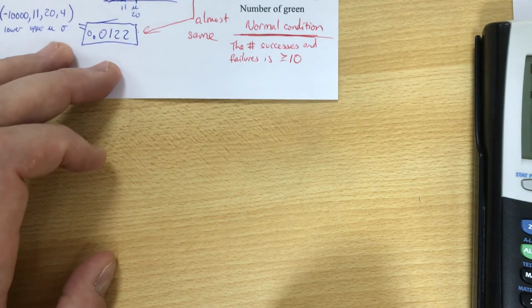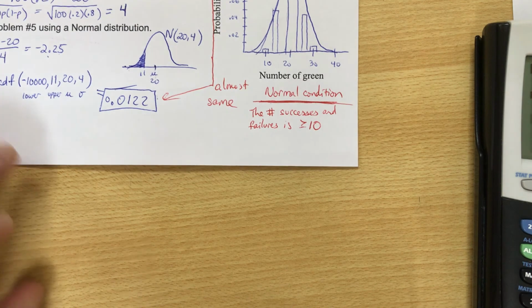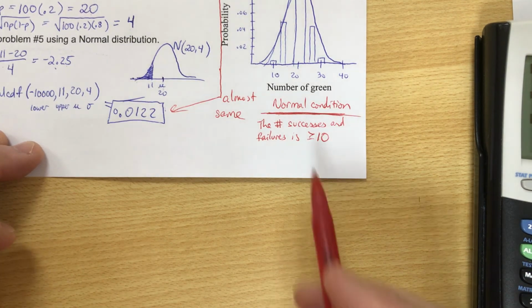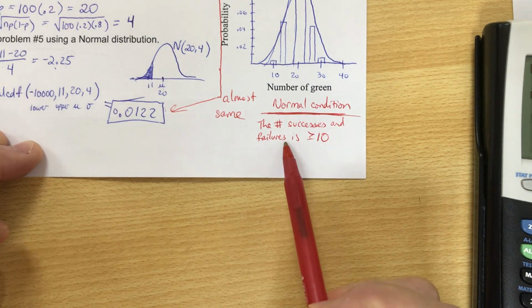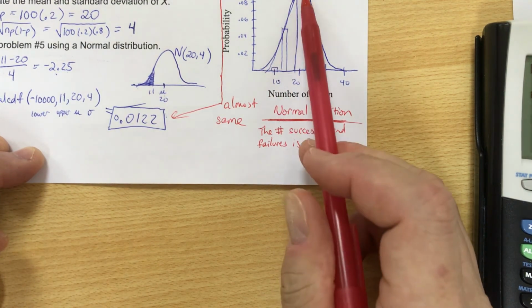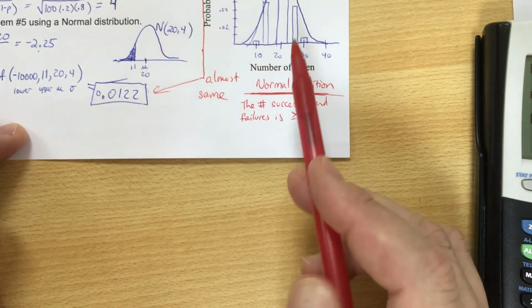The number of successes and failures have to be greater than or equal to 10. In other words, we have to do this enough times that we're going to have more than 10 successes and more than 10 failures, or else it's not going to approach the normal distribution. So we have to do this a lot of times.